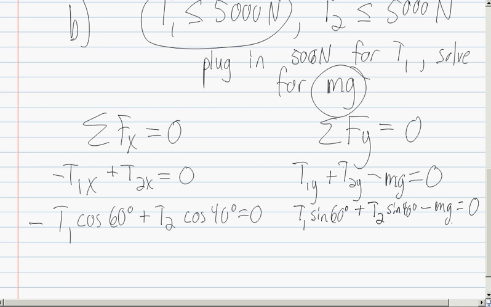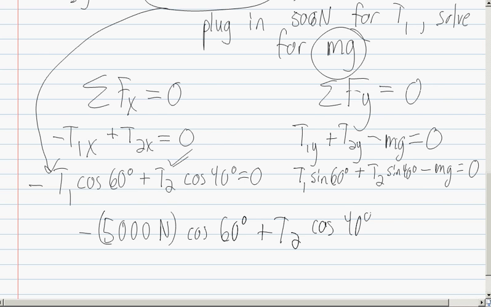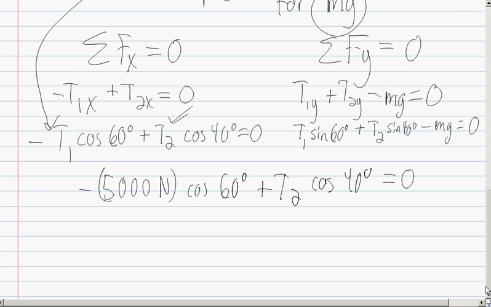Okay, good. So, we know that T1's maximum is going to be 5,000 newtons. So we're just going to plug that in and solve for what T2 is. Negative 5,000 newtons cosine of 60 degrees plus T2 cosine of 40 degrees equals 0. Well, the cosine of 60 is just the sine of 30, which is a half.